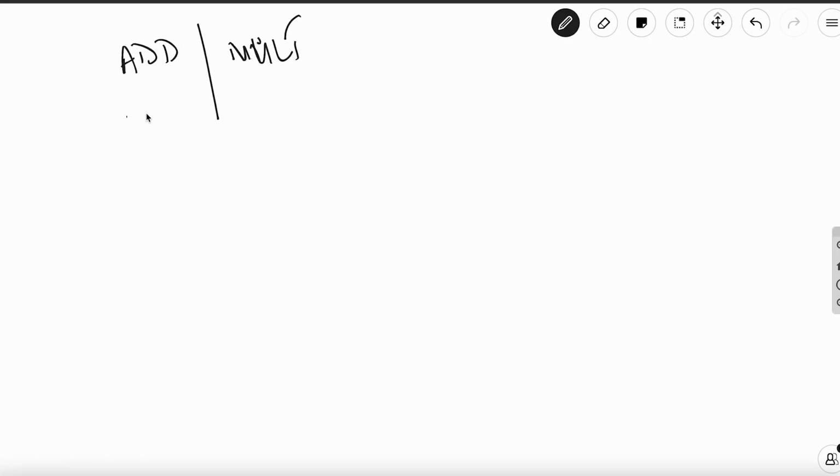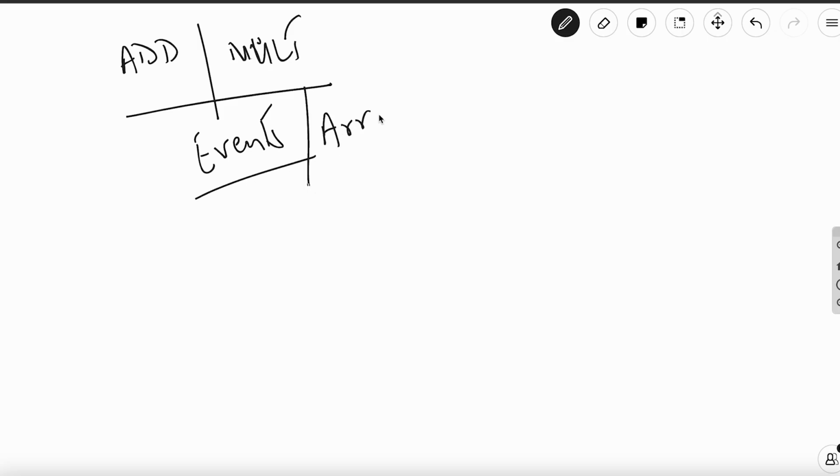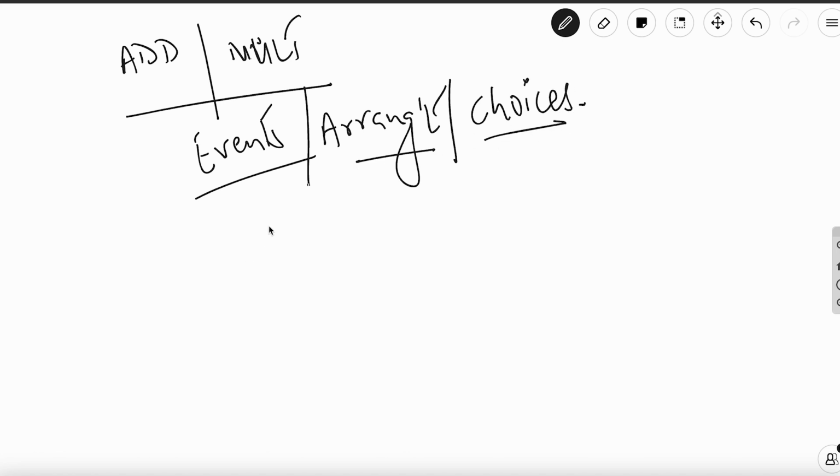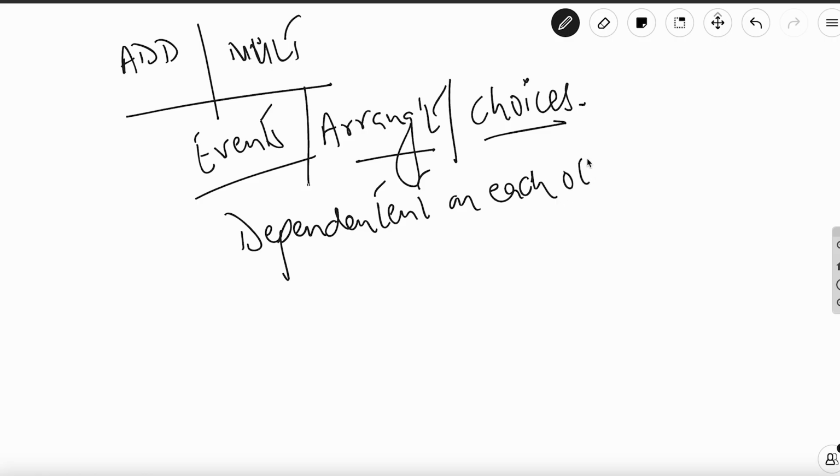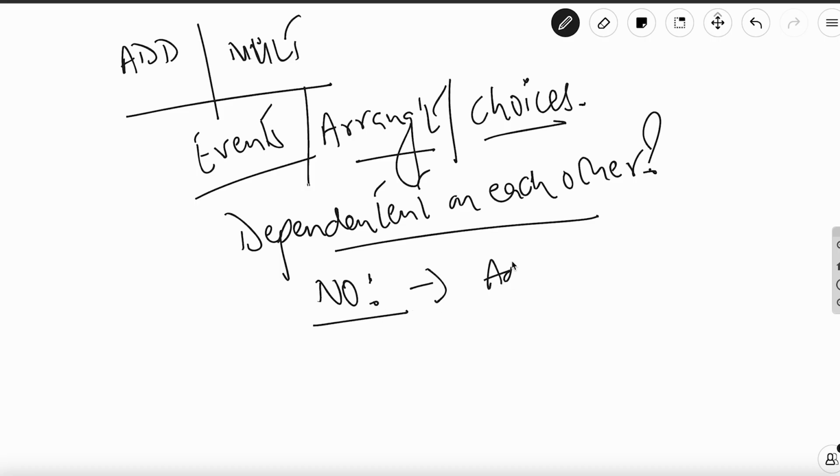We need to ask one question: are these events, arrangements or choices, whatever is happening, dependent on one another? This is the question we must ask. If the answer is no, then this is the case of addition. We need to add them.